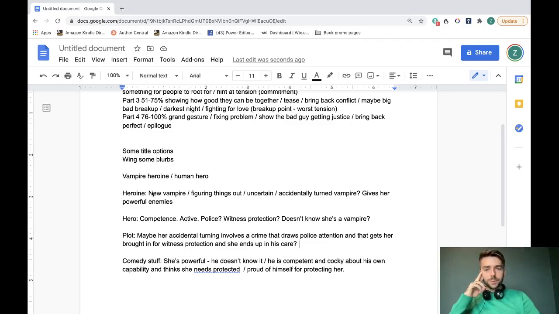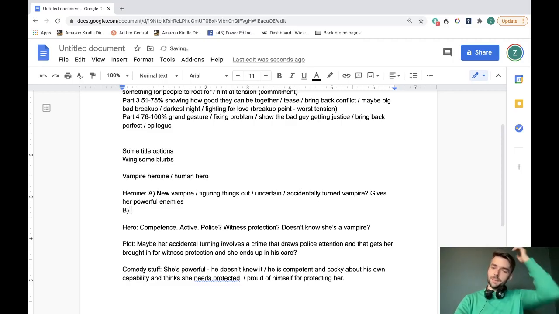Just kind of reviewing what I have for myself here. Because the other option with her is I don't necessarily have to make her a new vampire who's figuring things out. So that's like option A. And something else that might be worth thinking about is if she was old and powerful, but kind of jaded towards love, which is normally more like what I do for a male character.